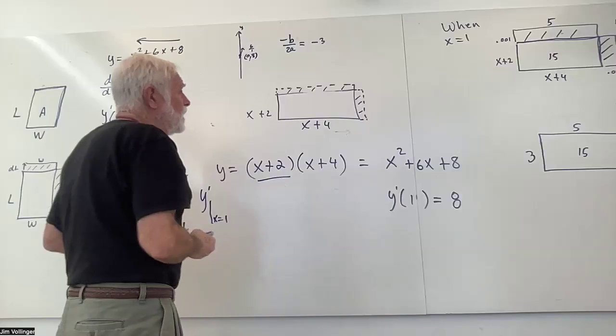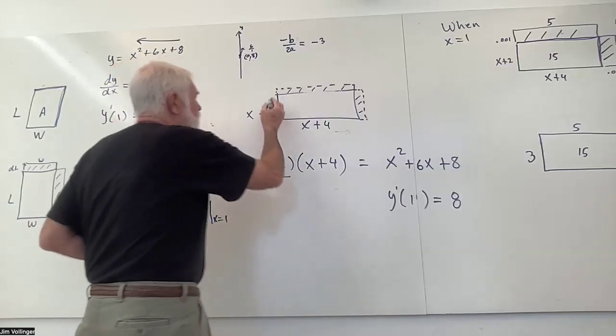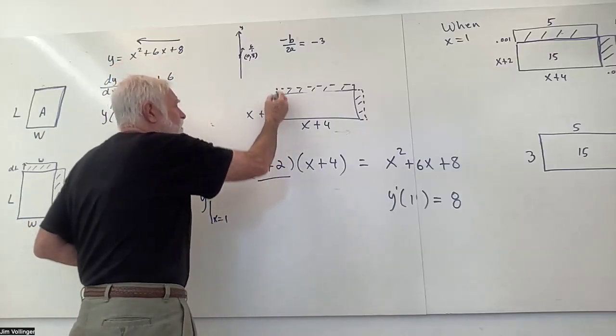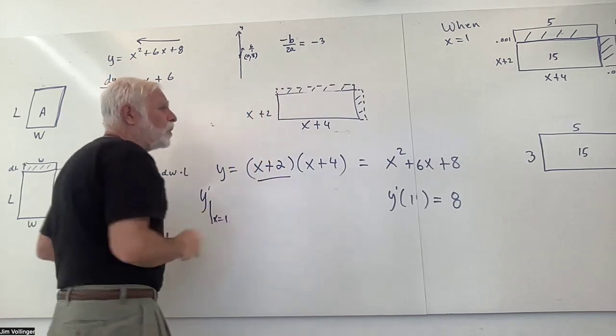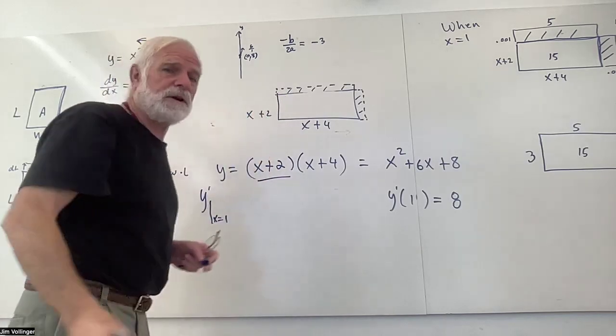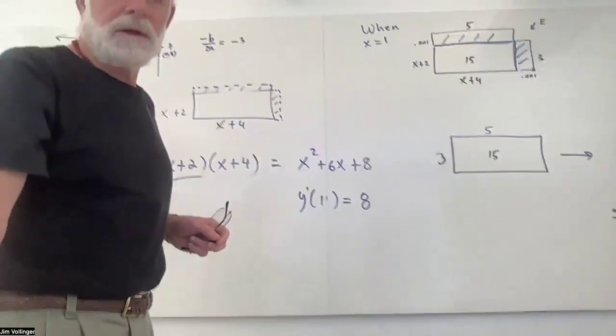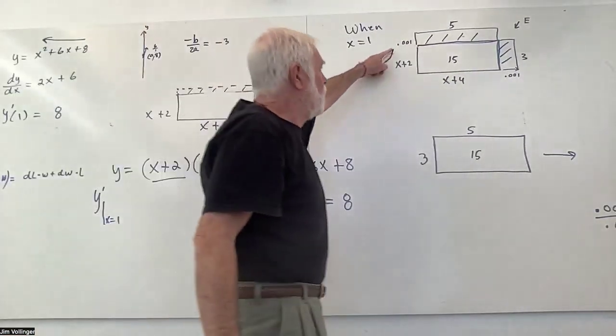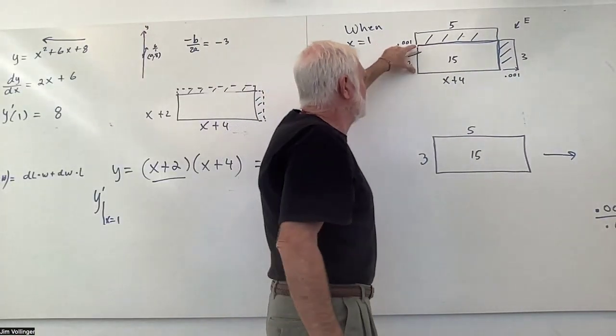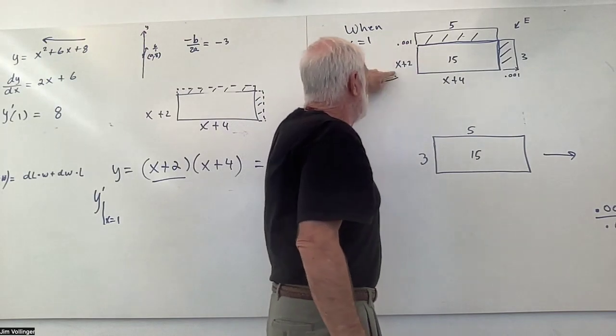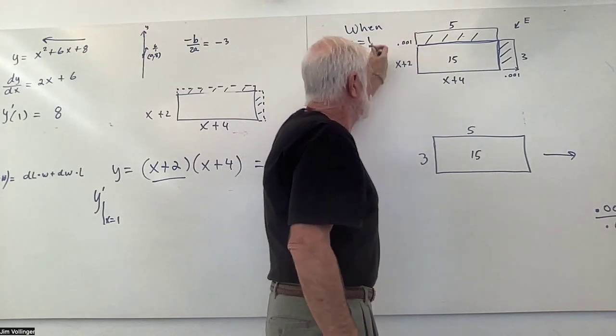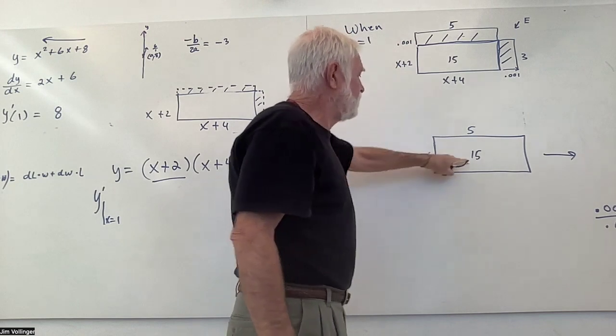And I'm suggesting a little change in the dimension of this side of the rectangle, the kind of change I'd like to show over here, 0.001. I'm just going to change this dimension when x is 1 by 0.001. So when x is 1, we have an area of 15.